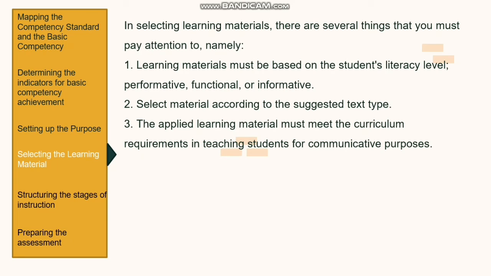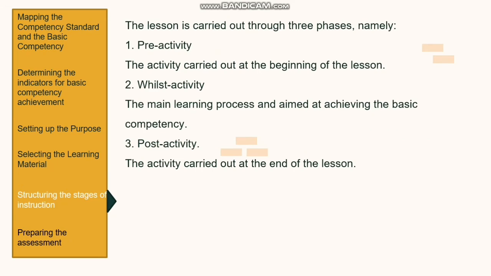The suggested text types include descriptive, procedural, recount, narrative, and report in junior high school. Meanwhile, for senior high school, the text types are news items, discussions, explanations, expositions, and reviews. Number 3, the applied learning material must meet the curriculum requirements in teaching students for communicative purposes.